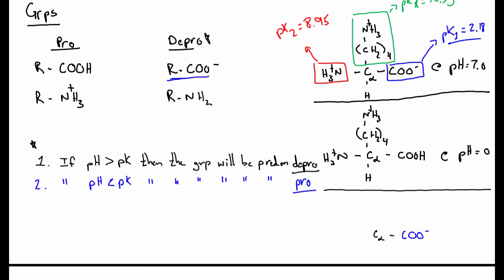Now let's do the alpha amino group. 8.95. Well, a pH of 11 is still in that greater range. Sorry, not that one. It's still in that greater range. pH is greater than pK, which means it's predominantly deprotonated, which means it's going to adopt this form, NH2. Now we can finally do the side chain.